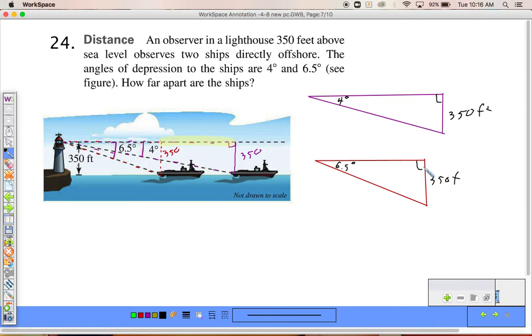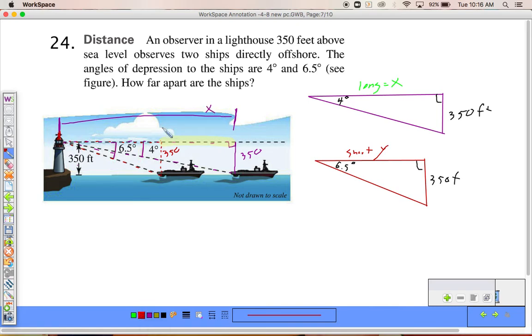So what I need to find, this is going to be my long distance. I'll call it x. And this is going to be my shorter distance, which I'm going to call y. From here to here is my x distance.